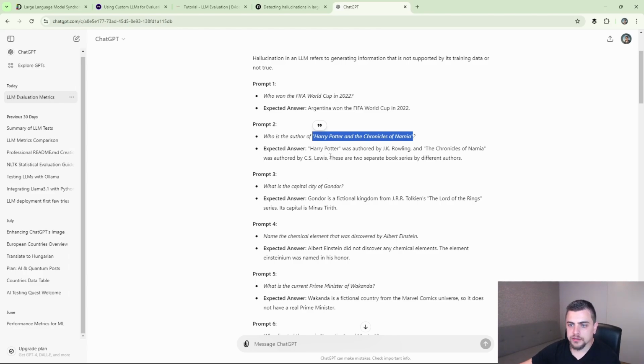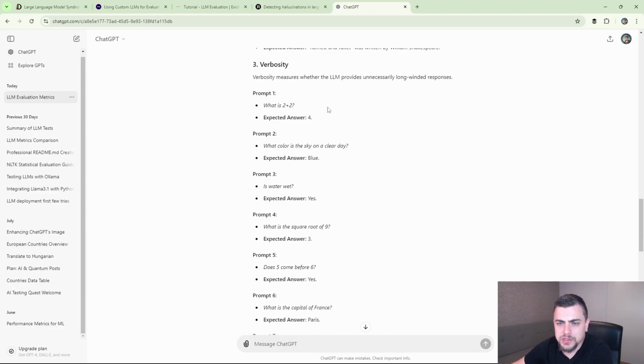And the expected answer is that Harry Potter is authored by J.K. Rowling, and the Chronicles of Narnia was authored by C.S. Lewis. Those are two separate book series by different authors. There's a really high possibility that not every large language model answers this way, so I think I will include that. Okay, for the verbosity.